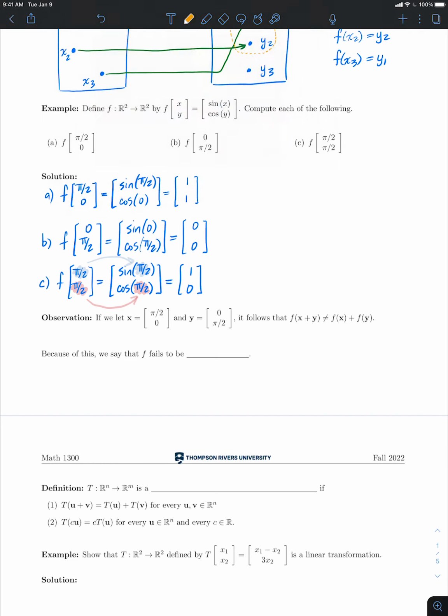Let me just add an annotation here, relative to the observation down below. This becomes f of x, this becomes f of y, and this becomes f of x plus y. So notice that this is the case, right? f of x plus y, that's the left-hand side.